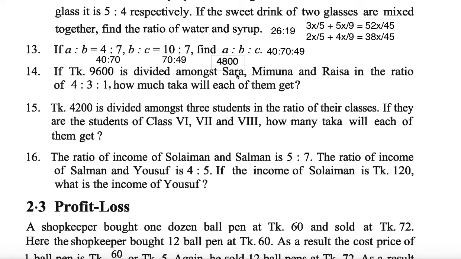That is what Sahara will get. 1200 into 3 is 3600. That is what Mimuna will get. Raisa will just get 1200. Okay, this is the answer.